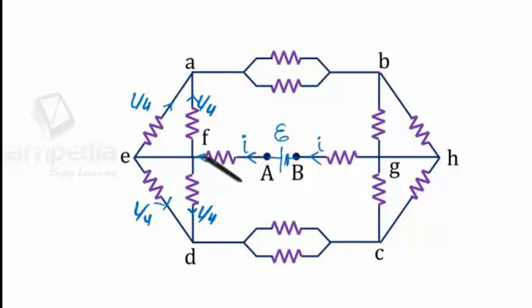So I by 2 current for the upper half gets further divided into two equal halves, because these two resistances are connected in parallel and are equal in magnitude.